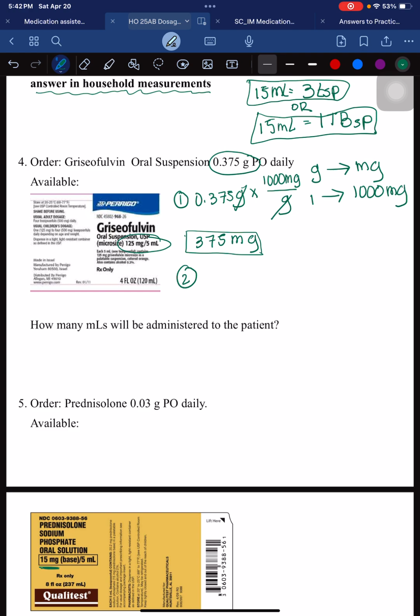So my order is 375 mg. I'm gonna multiply it, calculate the doctor's order. So I'm gonna use the box now. So I want mg and mg to cancel out. So it's 125 mg, that's according to the box here, equals 5 ml.